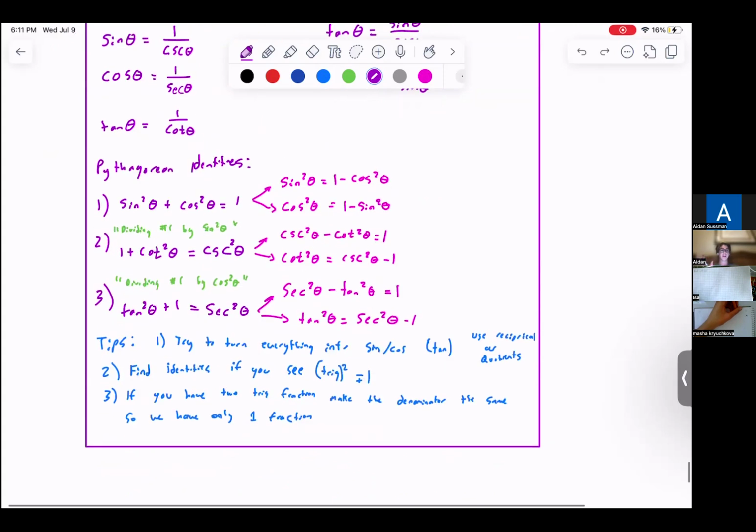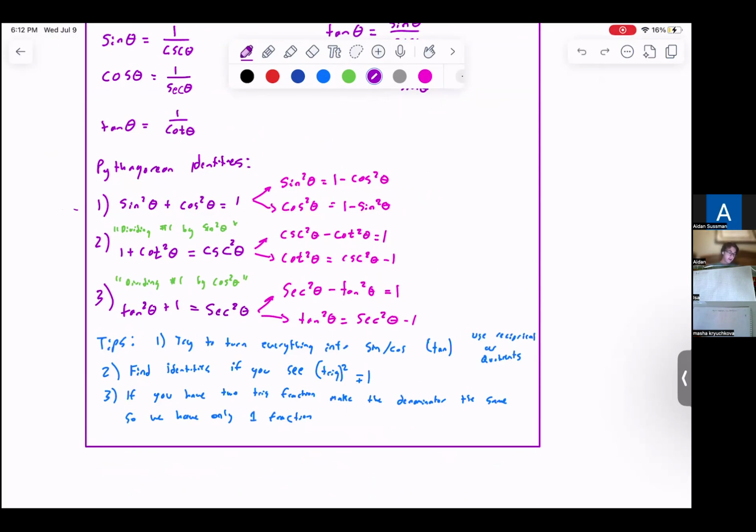The last set of identities that we learned is called our Pythagorean identities, and it's these 3 right here. The first one is the biggest one. You got to know this one. Sine squared plus cosine squared equals positive 1. And we can rearrange this by moving sine or cosine to the other side to get these 2 sub-equations, where sine squared is equal to 1 minus cosine squared, and cosine squared is equal to 1 minus sine squared.